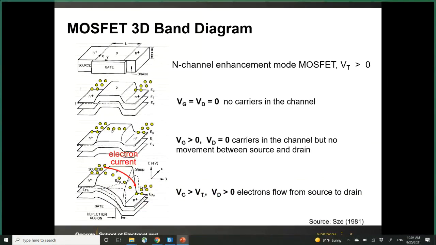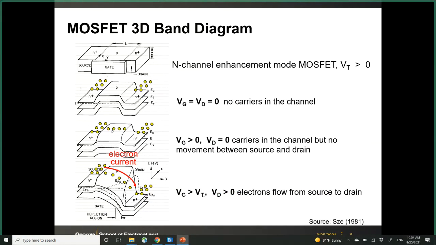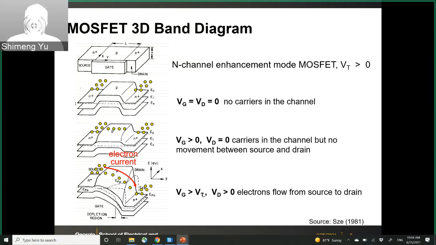Here I'd like to talk about the MOSFET operation principle using this 3D band diagram. The band diagram is very important to understand how the device works, how the transistor works in this case. If we look at the transistor, it's as if we tilt the transistor by 90 degrees.